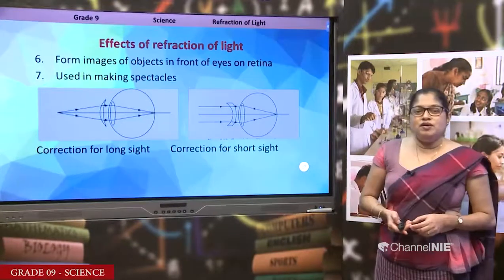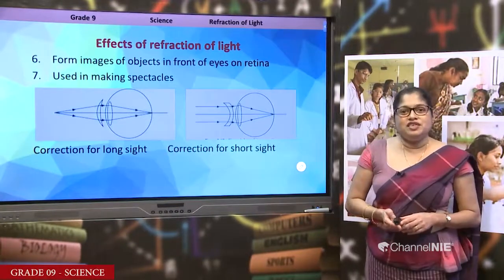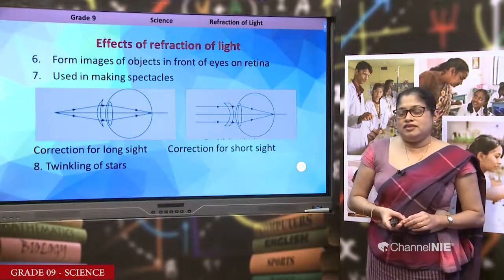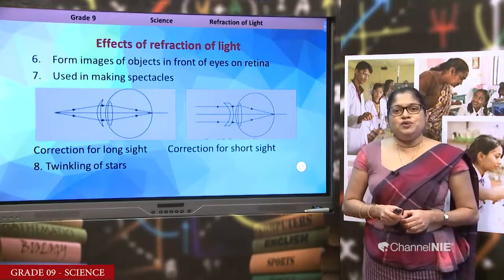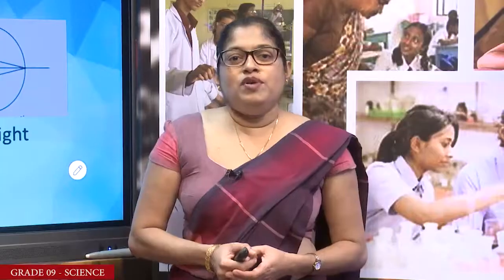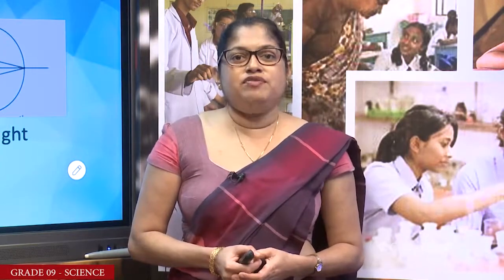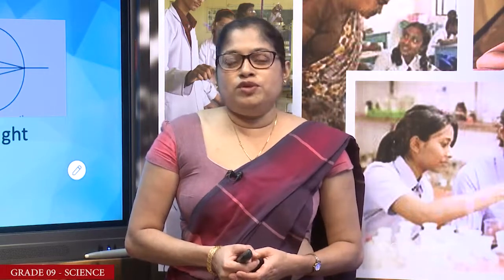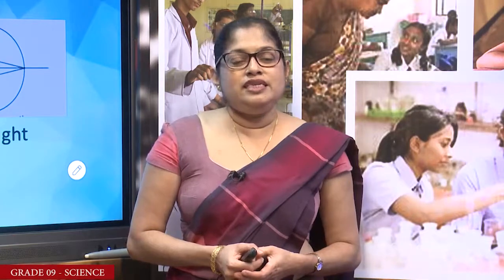So, remember, when making spectacles, refraction of light is useful. And last, twinkling stars are also due to refraction of light. With that, we finished refraction of light and reflection of light. So, we will move on to some revision questions based on the lesson we have done.